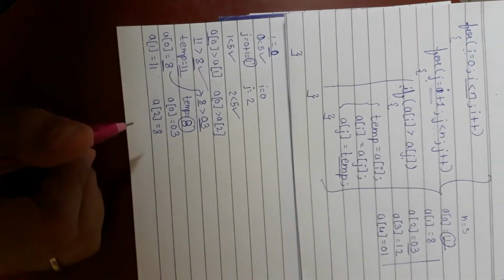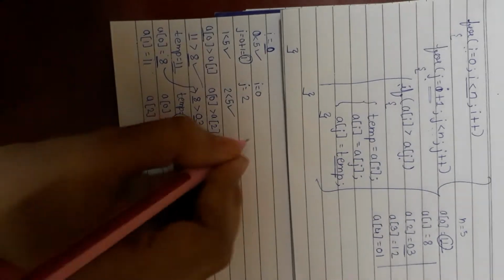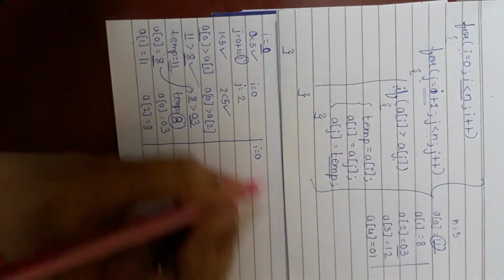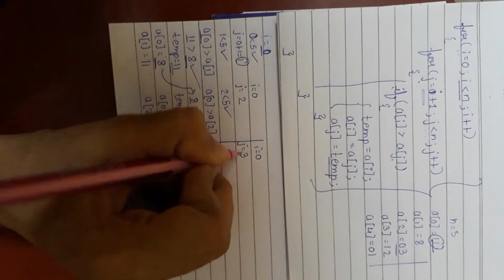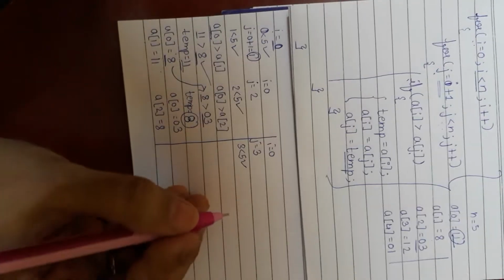Again now in this iteration also the array is changed. Again the same execution, i will not change, i will be 0 only. j is equal to 3 because of j plus plus. Again 3 less than 5, the condition is true. The next comparison will take place.